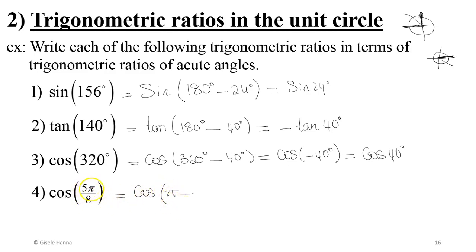So I'd need to remove 3 pi over 8 in order to obtain 5 pi over 8. So over here, pi minus an angle is in quadrant 2, where cosine is negative. So it's negative cosine of 3 pi over 8.